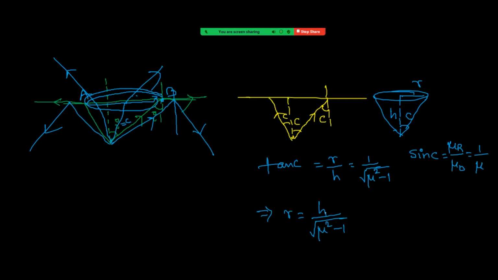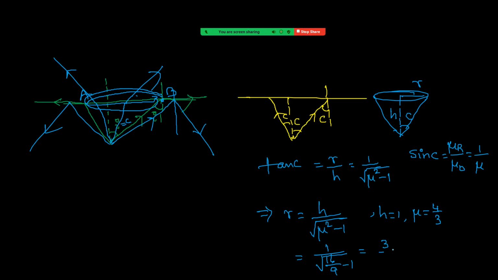Now in this, H value is given and mu value is given, right? I think H value is 1 and mu value is given 4 by 3. Substitute values here: 1 upon root of 16 by 9 minus 1.